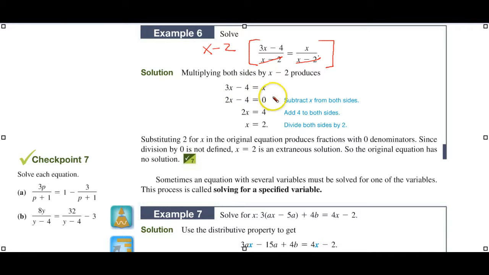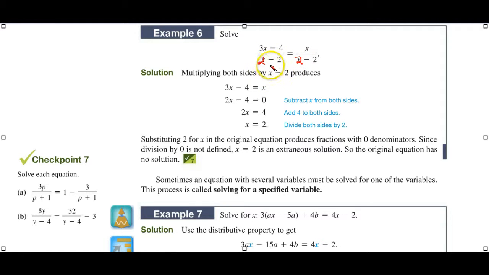Transpose the negative 4 to that side, becomes a positive 4. Divide both sides by 2, we get x equals 2. But once you do that, and you put 2 into your original equation, what are my denominators here?